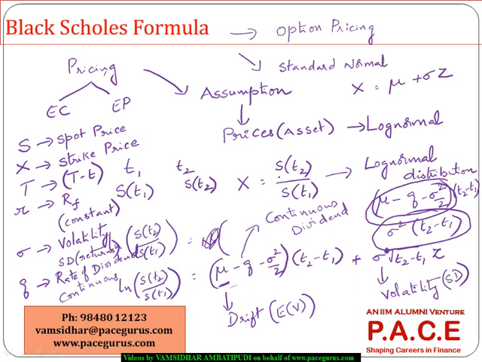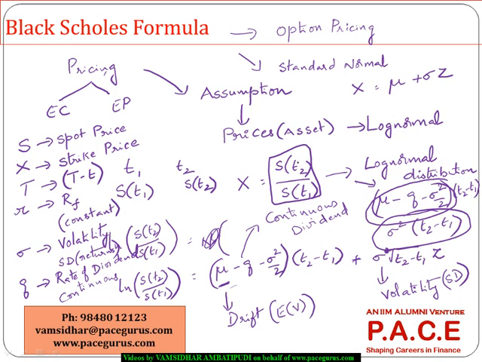The main underlying assumption is that stock prices, or asset prices, follow a log normal distribution. And in that we are seeing this particular ratio ST2 divided by ST1, that is the one which is log normal, and the parameters of that are going to be this.